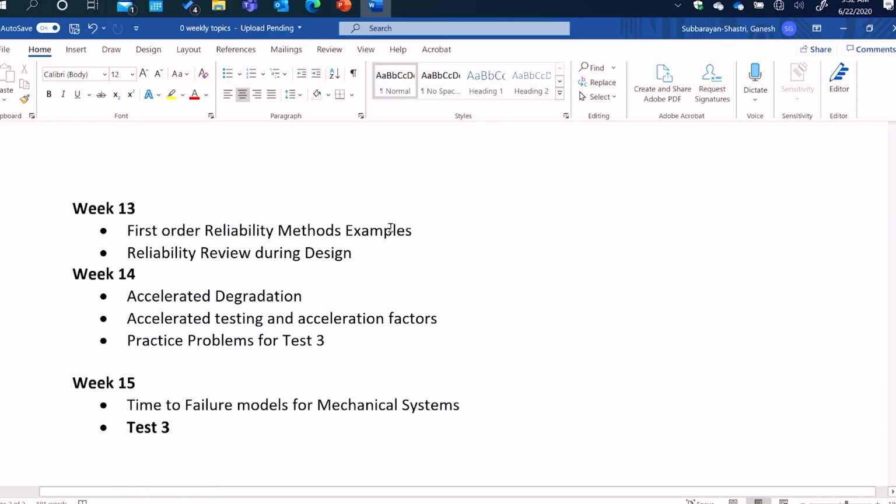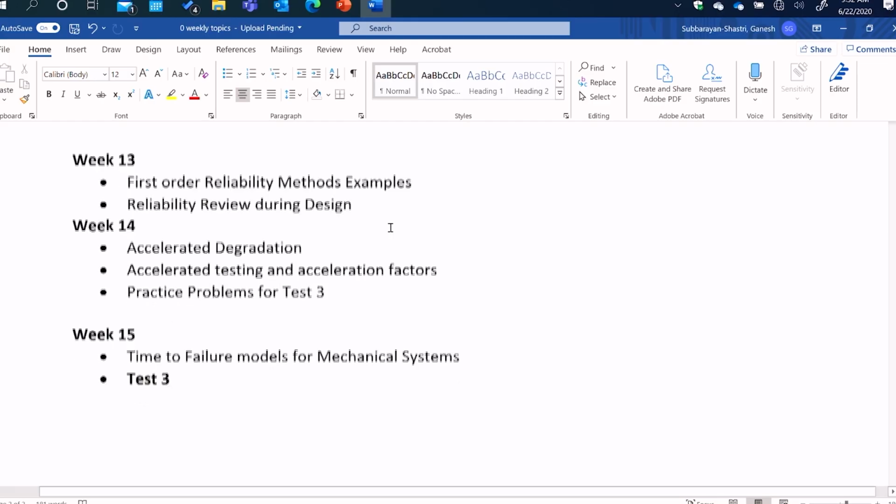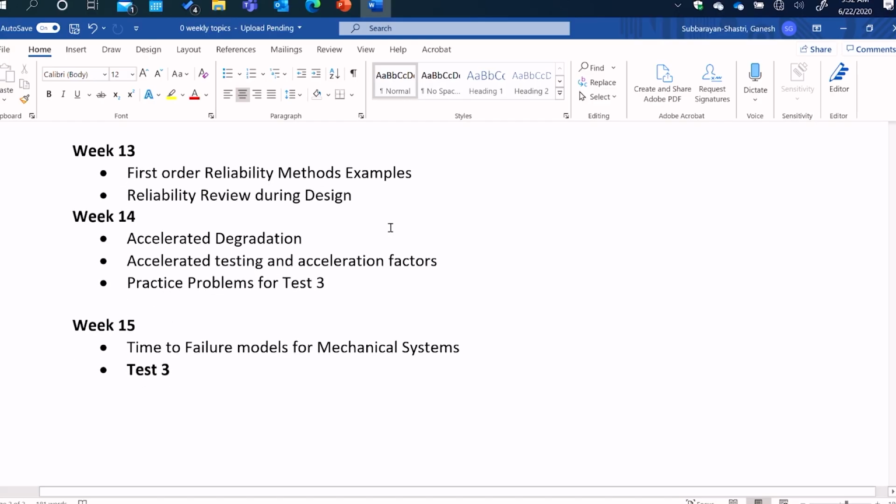And then we will learn other concepts such as failure modes, effects, criticality analysis, fault tree diagram, etc. in week 13. And then in week 14, we'll go on to talk about accelerating the failure.